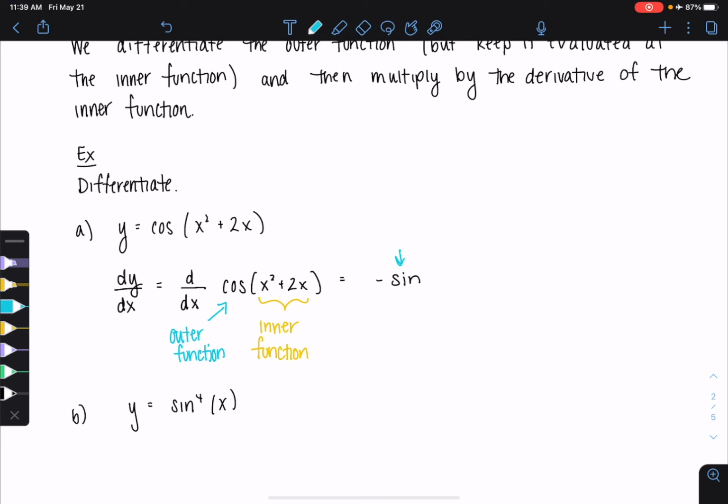So that's the derivative of the outer. This stays evaluated at the inner function, which is x squared plus 2x. So it stays evaluated at the inner. And now my chain rule reaction is I go ahead and multiply by the derivative of the inner.